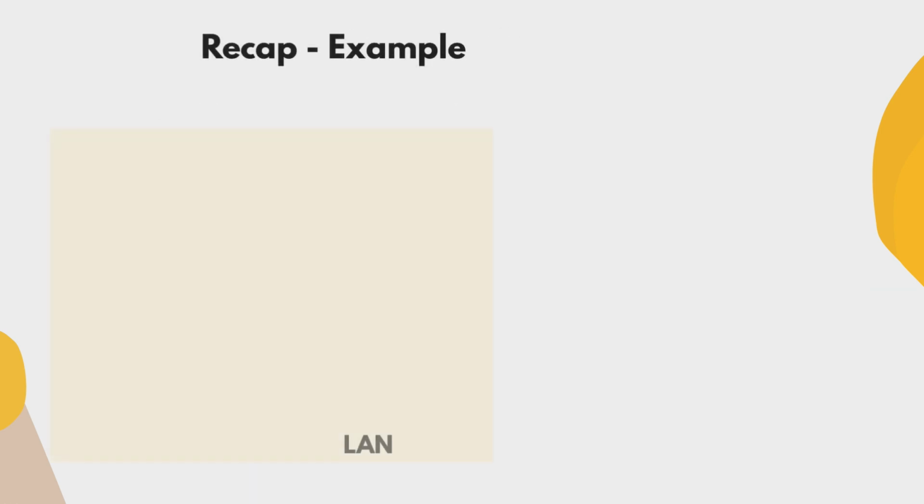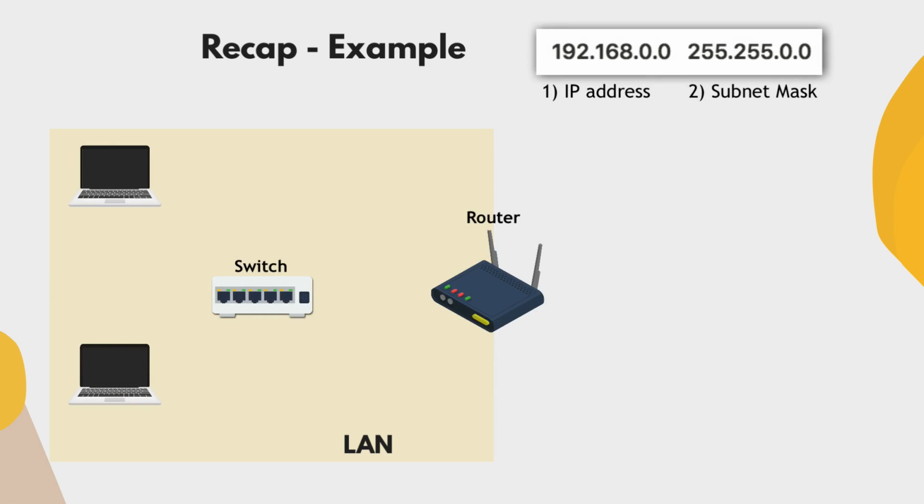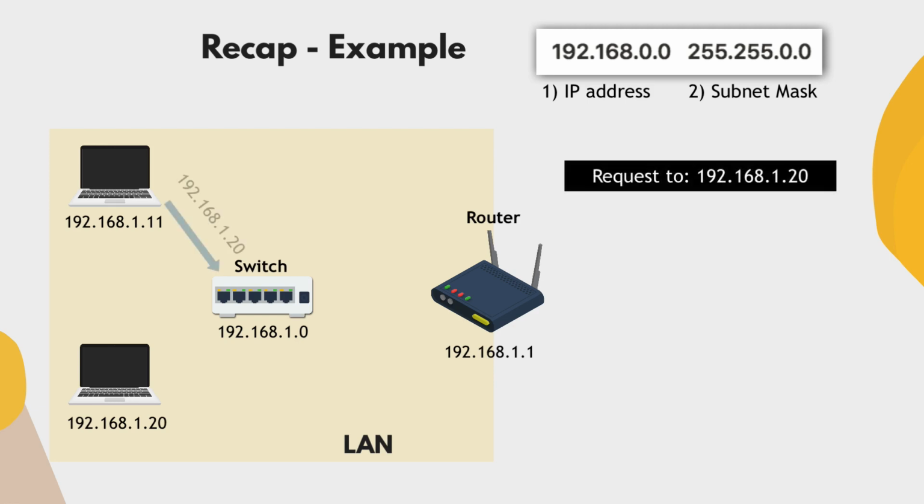Just to recap, with subnet and a starting IP address, we have a range of IP addresses that are available in the LAN. So every device in that local area network will get an IP address from that range. So when we send a request to an IP address within our LAN, the request will go to the switch and it will forward it to the device within the LAN.